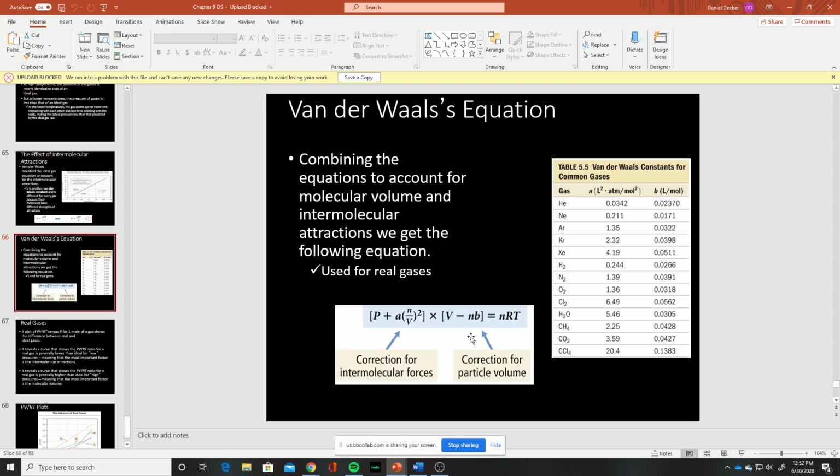I know some professors actually do. Even here at TCC, some professors have their students work through this whole modified ideal gas law, which is fine. It's not a terrible equation. It's not terribly hard to do. It's just kind of tedious, and you end up with answers that are not really all that different than if you didn't use the corrected version. So you're not going to be doing that.